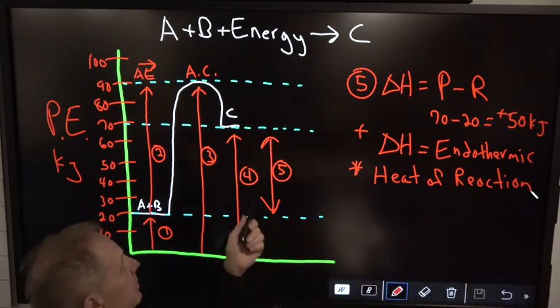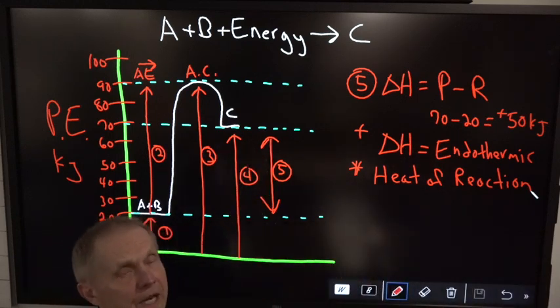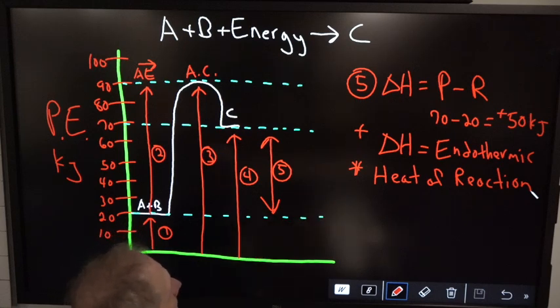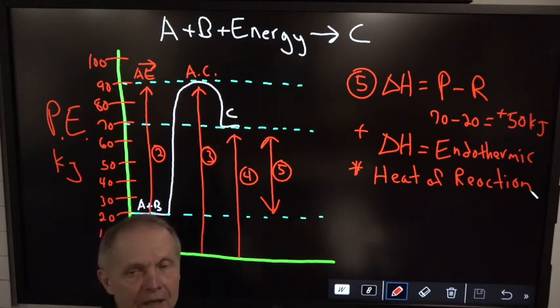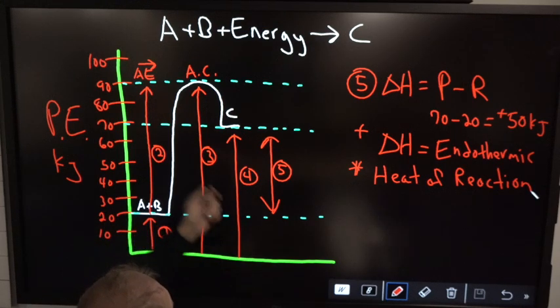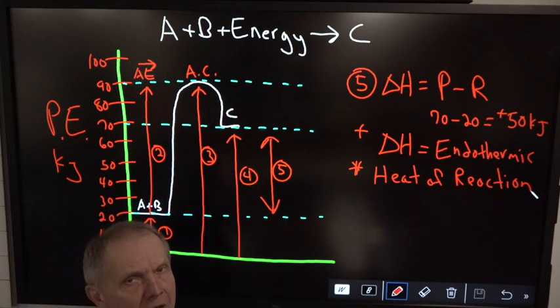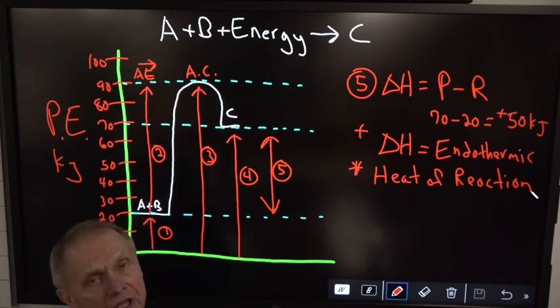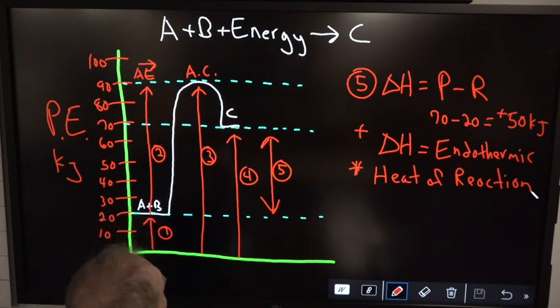So remember, it's between the products and the reactants. Heat of reaction, P minus R. And we're going to get into table I in just a couple minutes to show you the positive and negative delta H's. But we got a couple more things to do here. There is another line segment that we don't have on here, and that's this one.